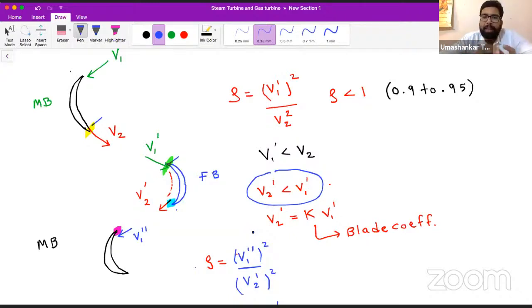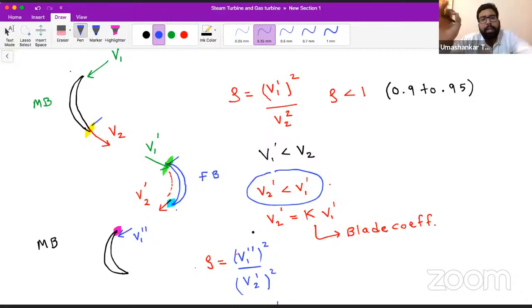Now the steam at 500 meter per second will go to the next row of fixed blade. When it goes to the fixed blade, there again will be some loss due to this travel from moving blade to fixed blade. For that, we have the carryover coefficient. From one blade to another, we have the carryover coefficient.